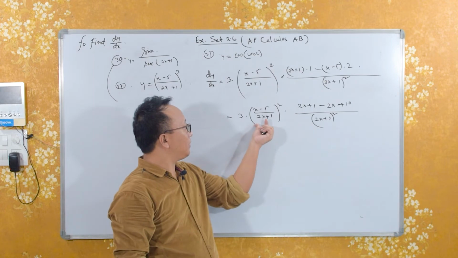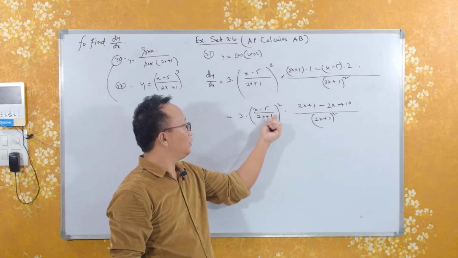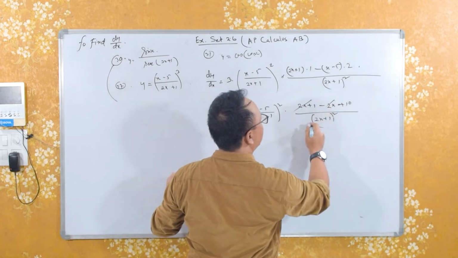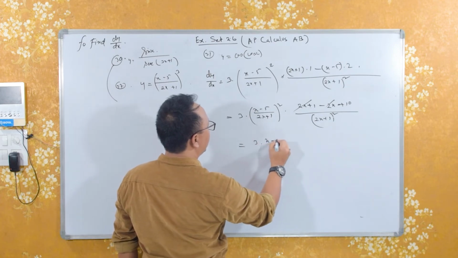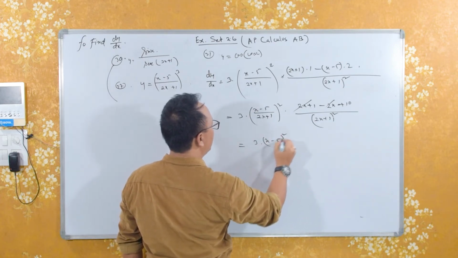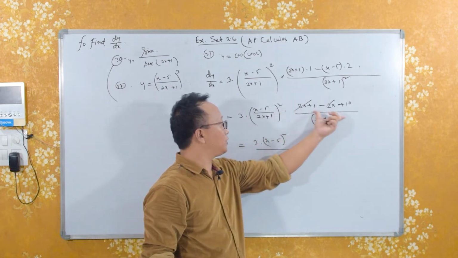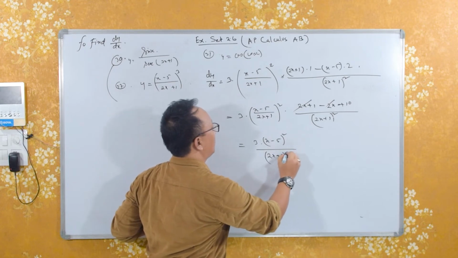Now what we can do is, (2x plus 1) raised to 2 over here, if I separate this, 2 plus 2 is 4. Again this will get cancelled. What will come? 3 into (x minus 5) raised to 2 over (2x plus 1) raised to 2, and 2 plus 2 is 4, so (2x plus 1) raised to 4.